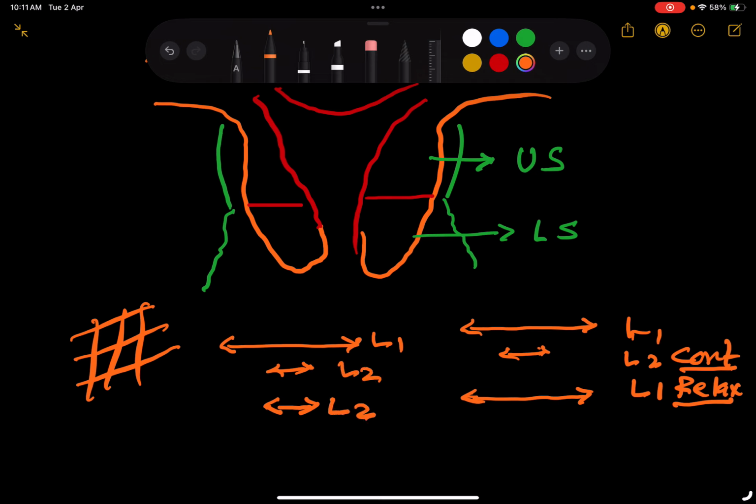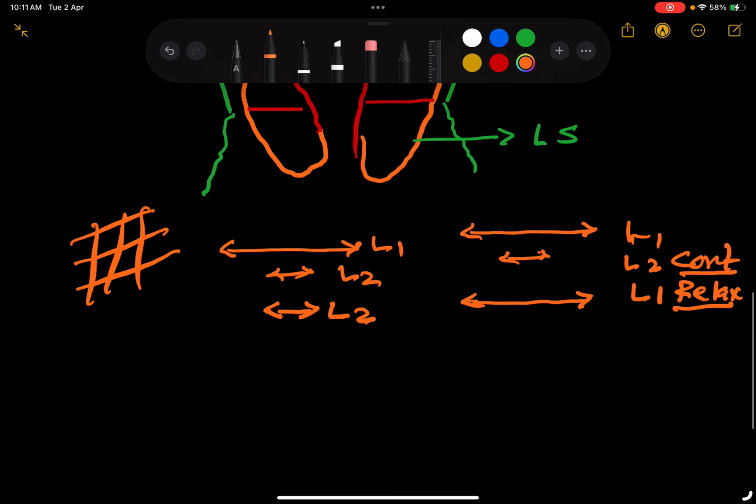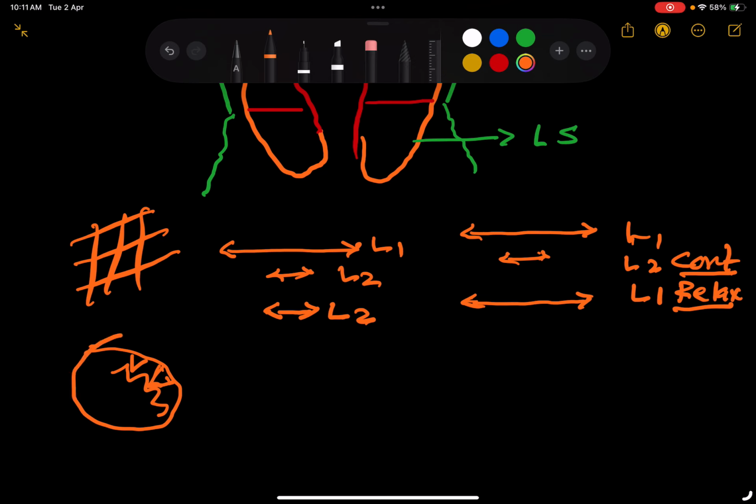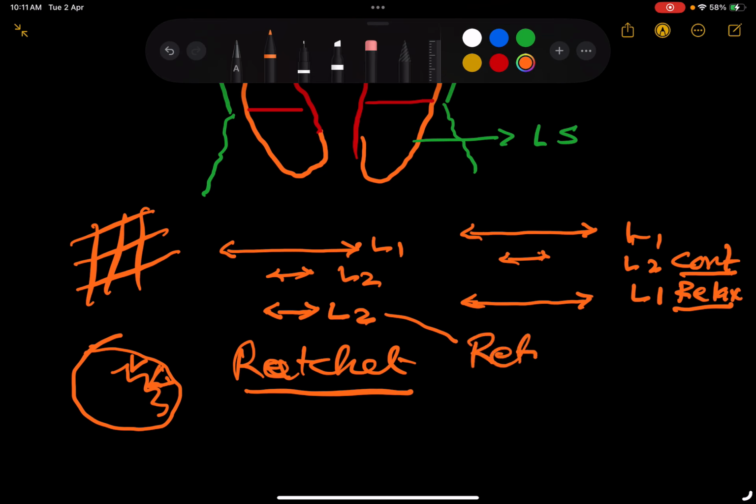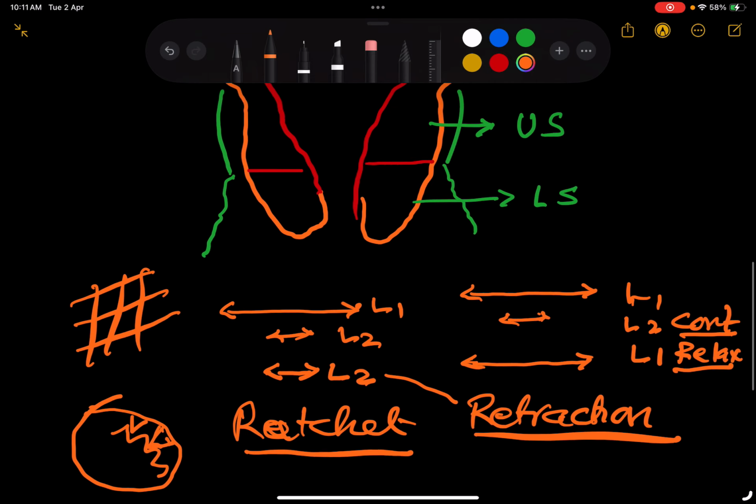And this is because the fibers are intertwined, like a ratchet. First it gets entangled here, then it gets entangled here. So that ratchet mechanism is responsible for this component of the contraction, which we call retraction.